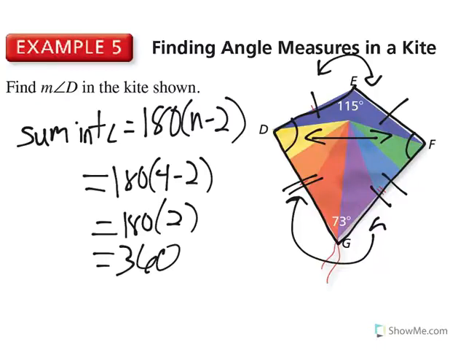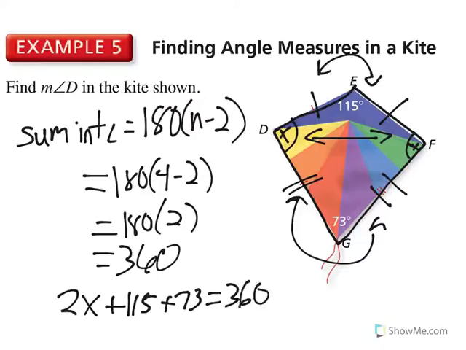And so to solve this, I have my two unknown angles, but I know they're the same size. So I can term them both as x, the same variable, because they're the same size. So I would have 2x plus 115 plus 73 would equal that interior sum of 360. Then I just have to solve. 115 plus 73 is going to give me 188. So I have 2x plus 188 equals 360.